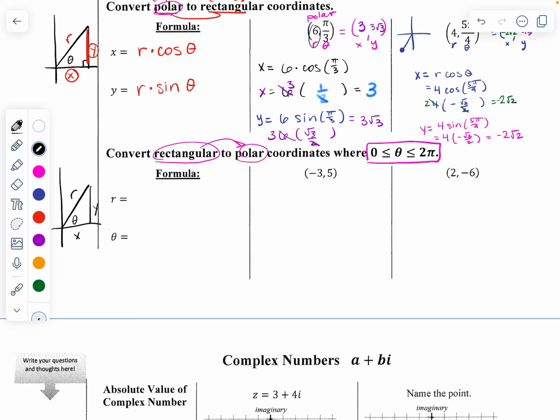Remember that if I know x and y, I can know r. Remember, that's basically just the Pythagorean theorem, right? So we can say, hey, r is going to be the square root of x squared plus y squared. And then theta is like saying if I know x and y, that's this having the opposite and adjacent sides. So I know that's the inverse tangent of y over x, or working the tangent backwards.